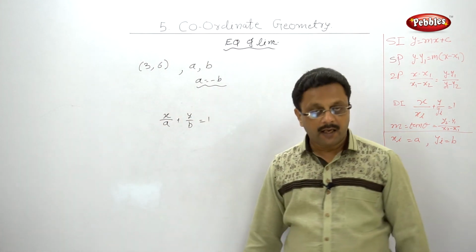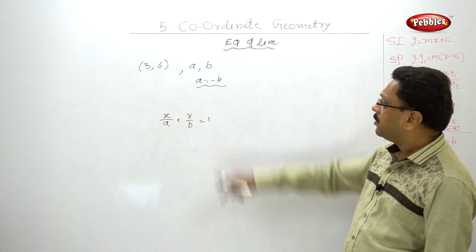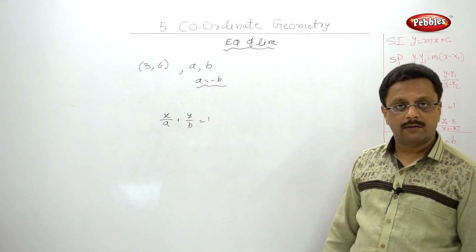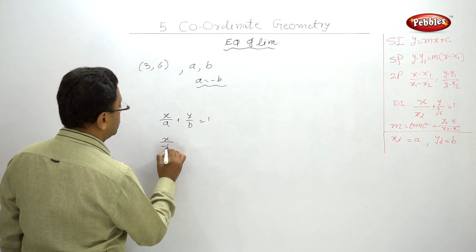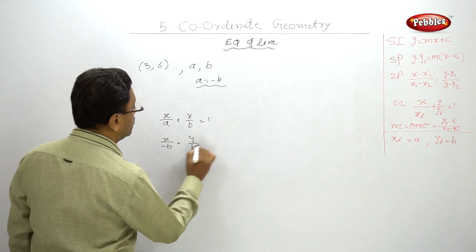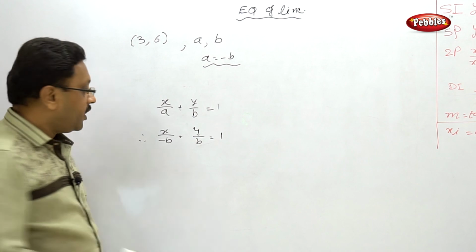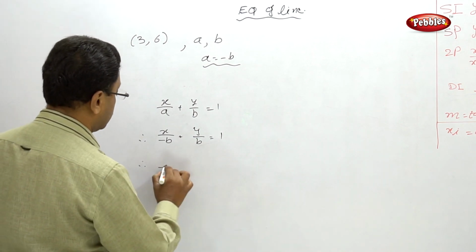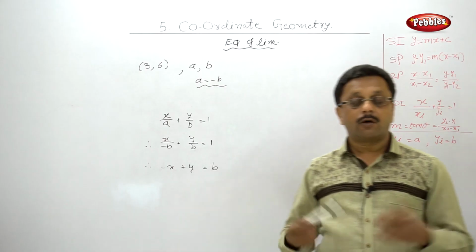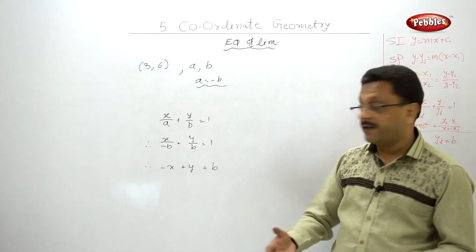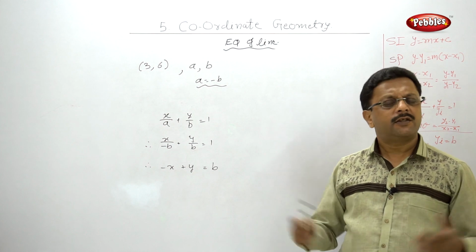x-intercept is a, y-intercept is b. But we know that a is equal to minus b. So let us solve this. x upon minus b plus y upon b is equal to 1. So we have minus x plus y is equal to b. Now what next? How will we find the b? Very simple.